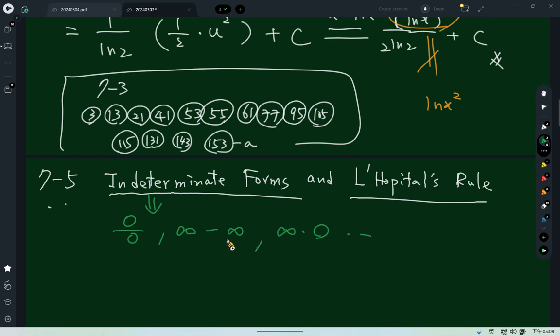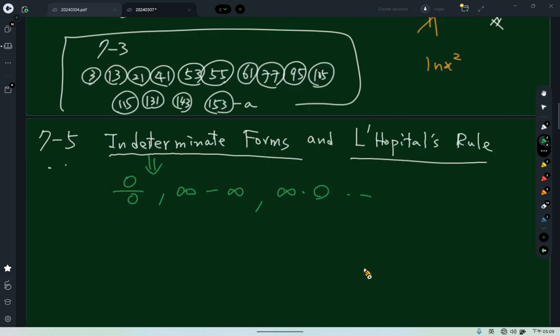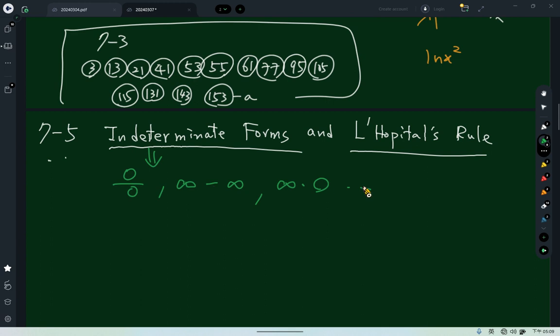All of them are possible. So if you encounter infinity times 0, 0 over 0, or infinity minus infinity, it's hard to say. If you encounter these, you can use L'Hopital's rule to get the limit.